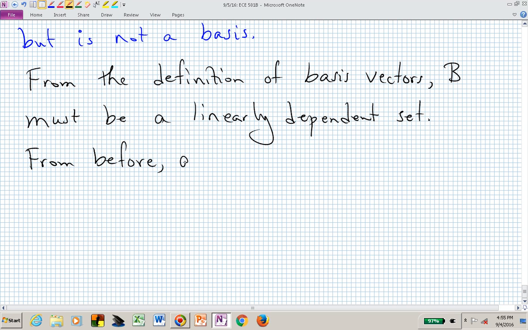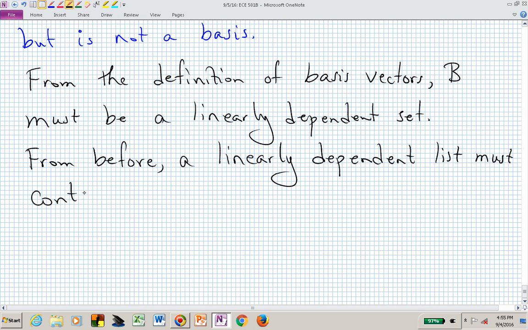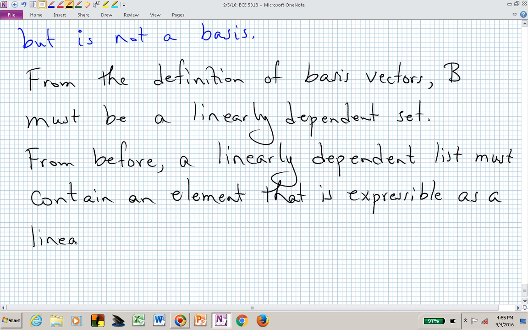So from before, a linearly dependent list must contain an element that is expressible as a linear combination of the other elements in the list.